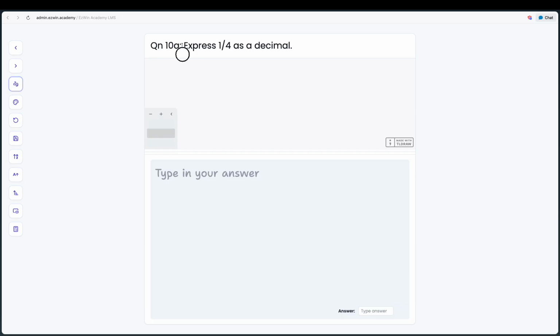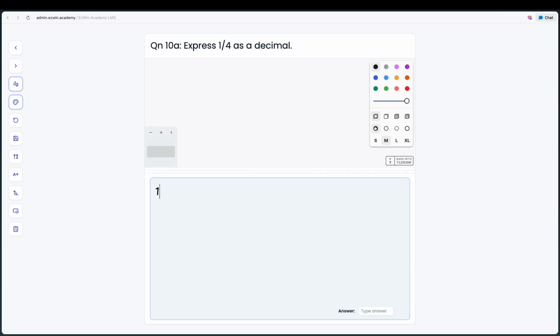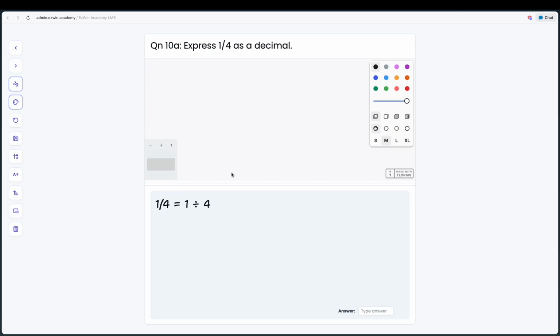Okay, question 10a, express 1/4 as a decimal. So 1/4 is basically the same as 1 divided by 4. Okay, so there's multiple ways you can do it. Number 1, you have 1/4. You can just multiply both the numerator and denominator by 25.